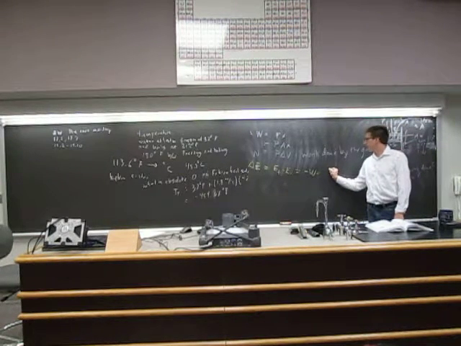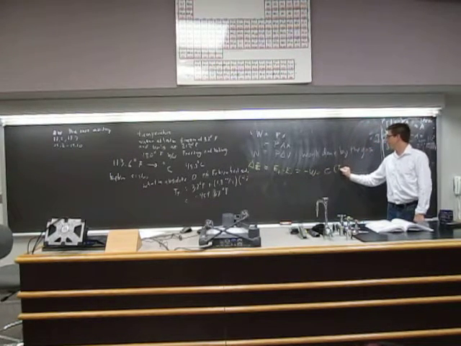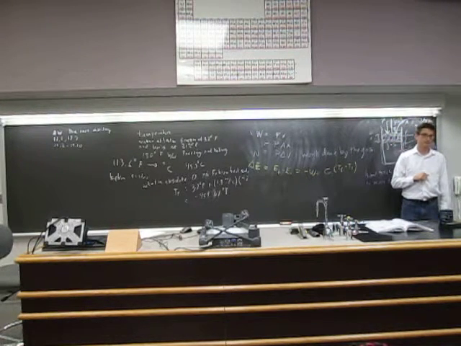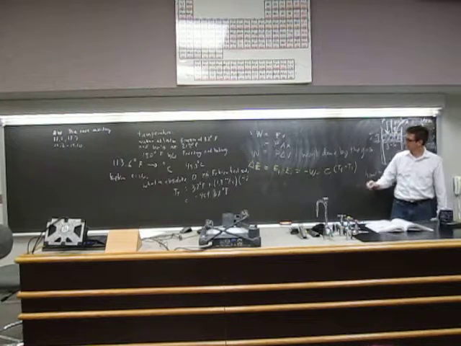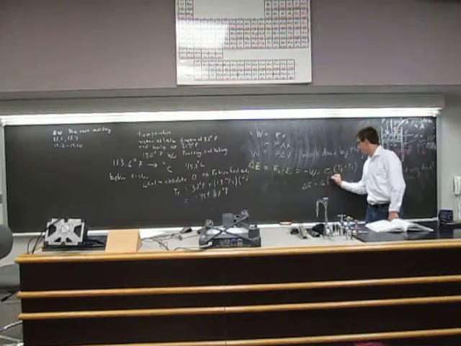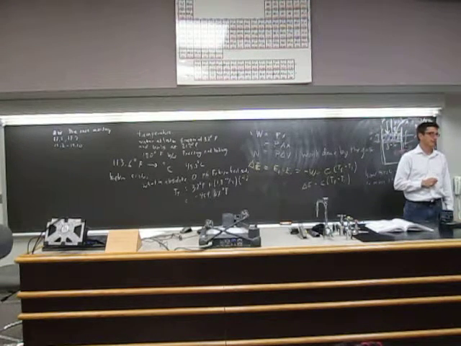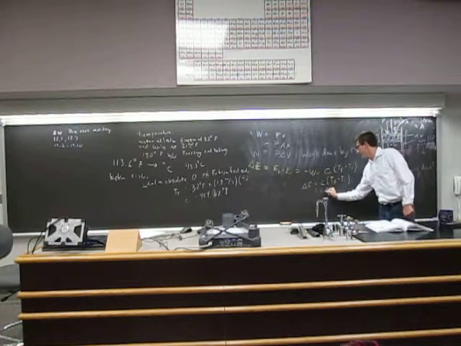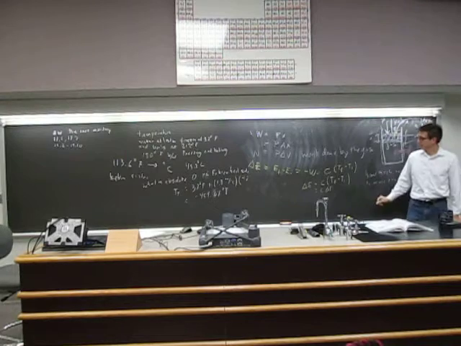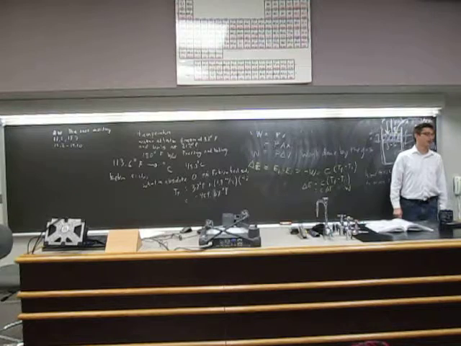That relation is that the change in energy is equal to some constant times the final temperature minus the initial temperature, or C delta T. And that is equal to negative the amount of work that was done in this process.